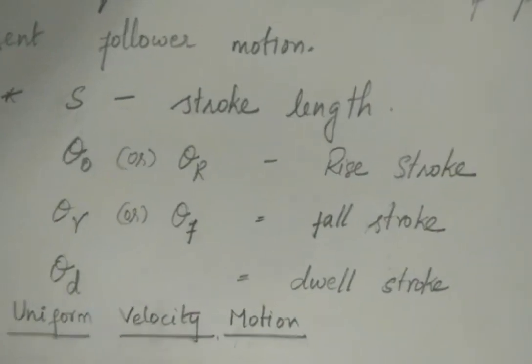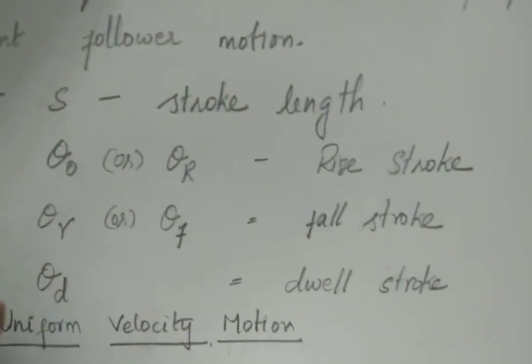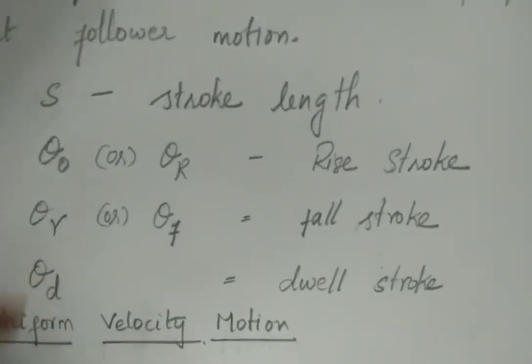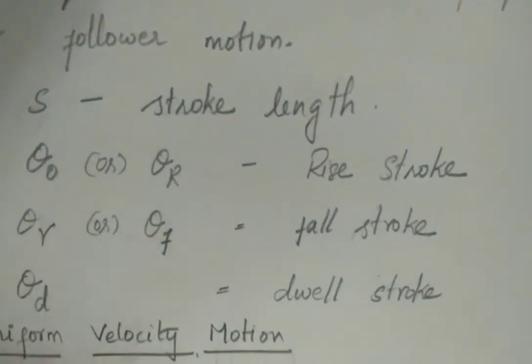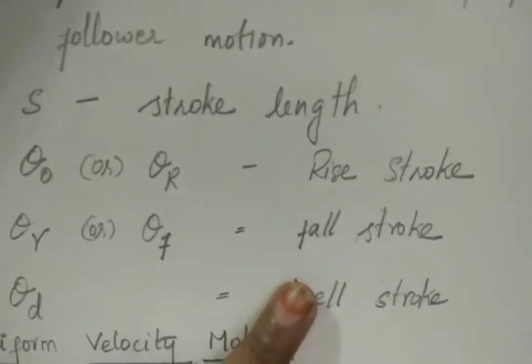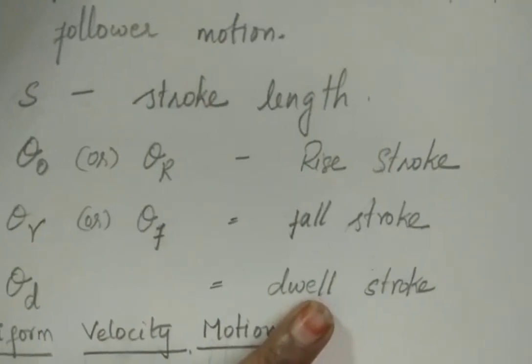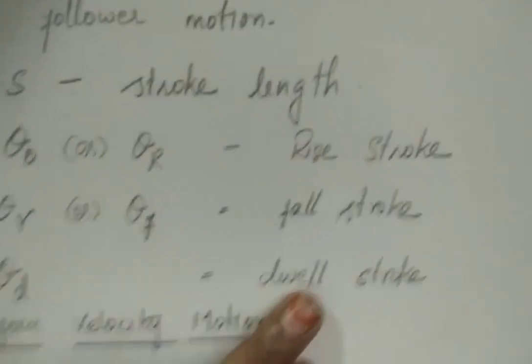Dwell is when it reaches the rise stroke, later it takes some time and remains in the same position, that is called dwell. In the same way, when it returns in the fall stroke, later it continues in the same position. The total overall thing completes one cycle.